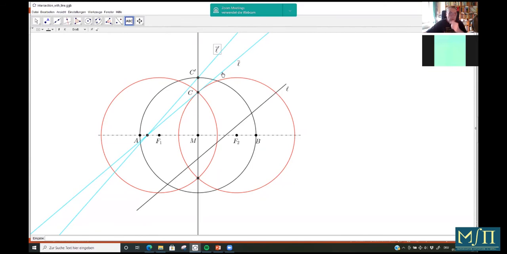There we are. Now, since L bar maps to L bar prime and parallel lines map to parallel lines, the line L, which is parallel to L bar, must map to a line that's parallel to L bar prime.